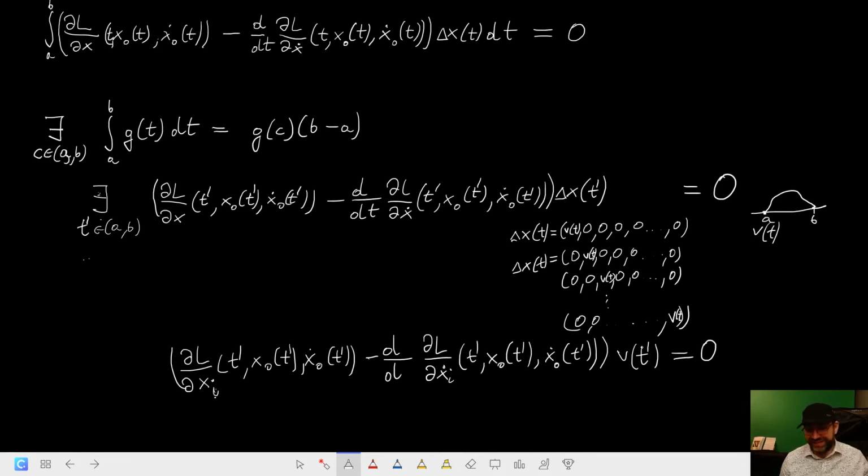And obviously t prime is different for each of our trajectories delta x. But because it belongs to the open interval from a to b, this value is positive.